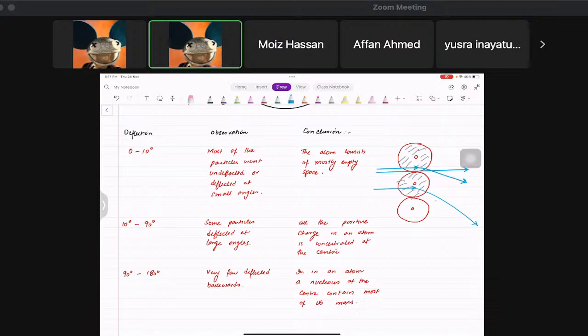Because the nucleus is so small, only a few particles could reach the front, and they can't break the nucleus, so they had to turn back. Understood? The nucleus is so small that out of 8,000, only 1 or 2 managed to come directly in front of the nucleus. Everybody understand this? Good. Very nice. You can write this down, please, and then we're going to go forward.